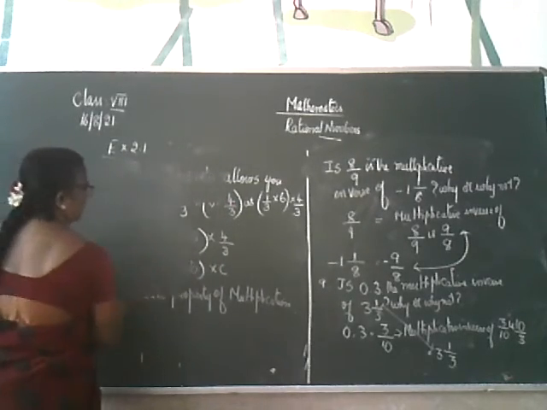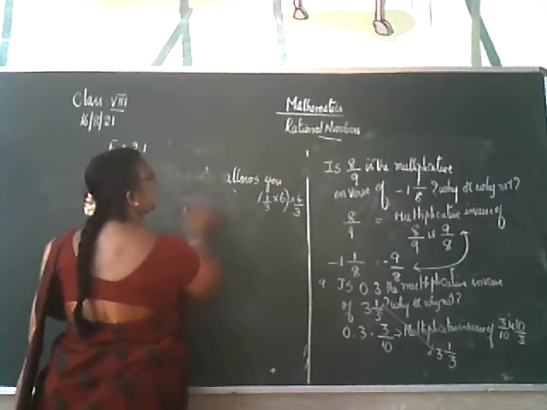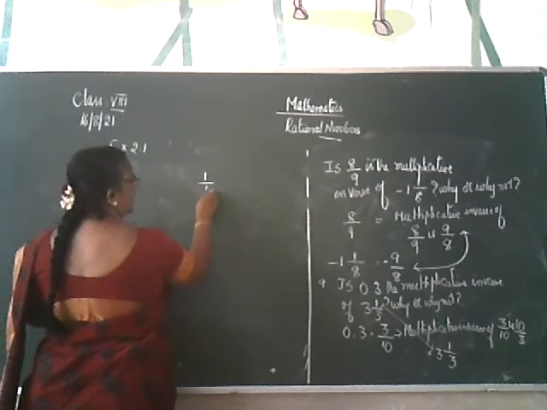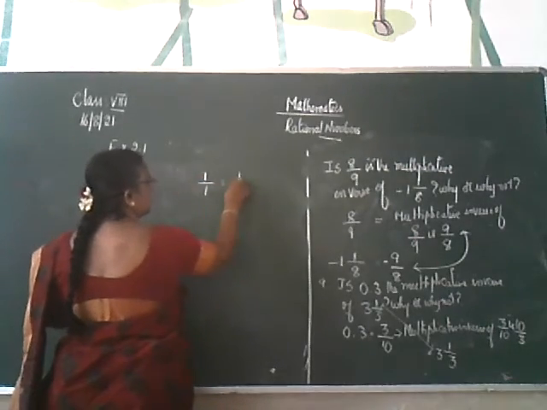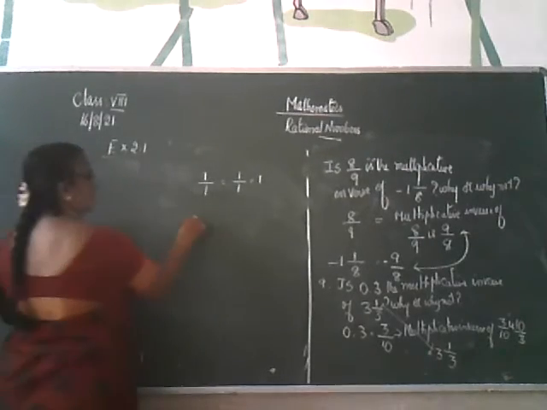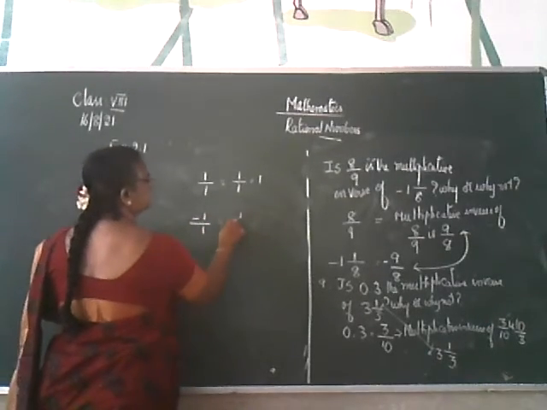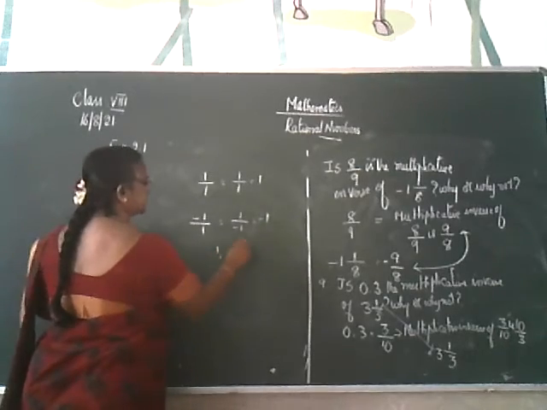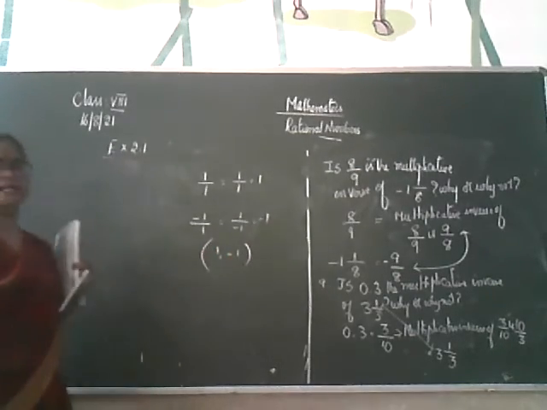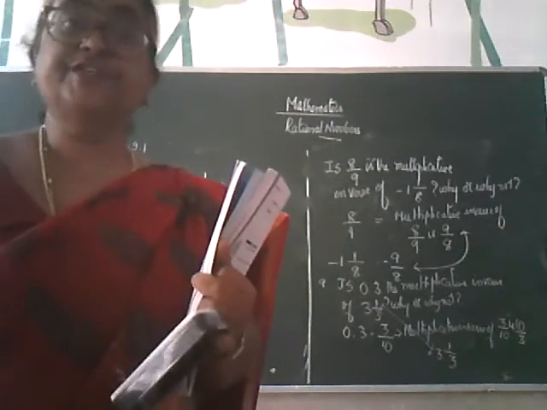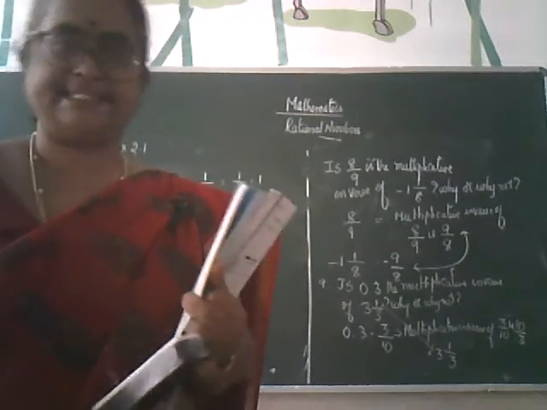What is minus 1's reciprocal? Minus 1. So, the reciprocals are same means it is 1 and minus 1. They are their own reciprocals. Which does not have a reciprocal is 0.